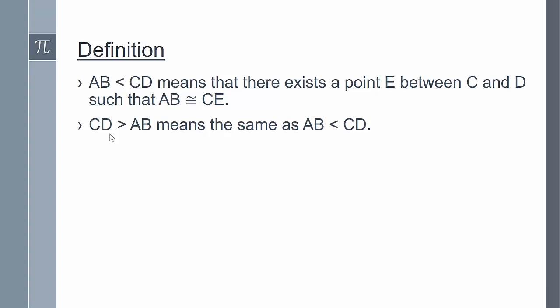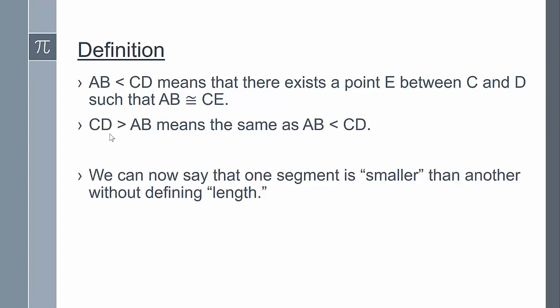The notation CD greater than AB means the same thing as AB is less than CD. This gives us a way to say that one segment is smaller than another segment without actually having to go through and defining what the length of a segment actually is. So this definition only depends on the undefined terms between and congruent. So now we can present some more propositions.